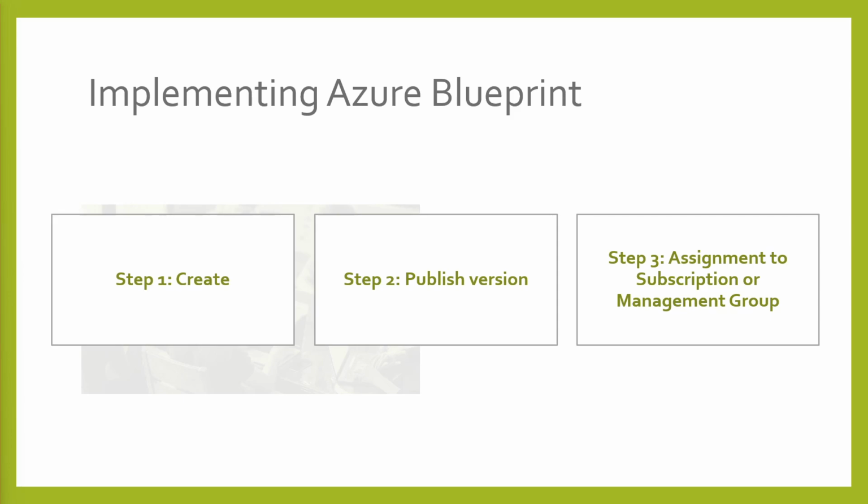Publishing it as a version ensures that you can't change it later on. It's an implementation that you feel satisfied with, and now you're ready to leverage it. So you publish it with a specific version, and once that version is out there, then you can assign it to a subscription or a management group. So there's an assignment process. Again, that can be done through the Azure portal, CLI, or ARM template, all the normal ways to deploy.